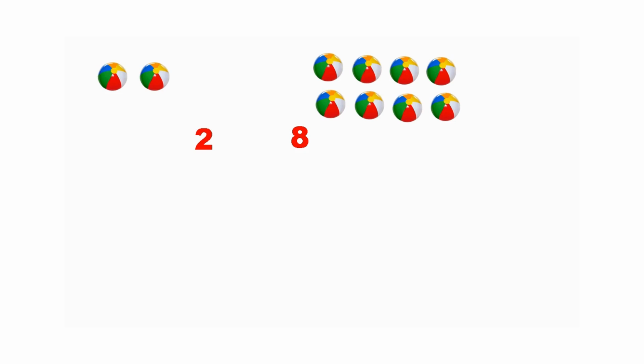So we have to put here less than sign, which looks like L. So 2 is less than 8. So this sign we need to put here. We can read it as, after putting the sign, we read it as 2 is less than 8.